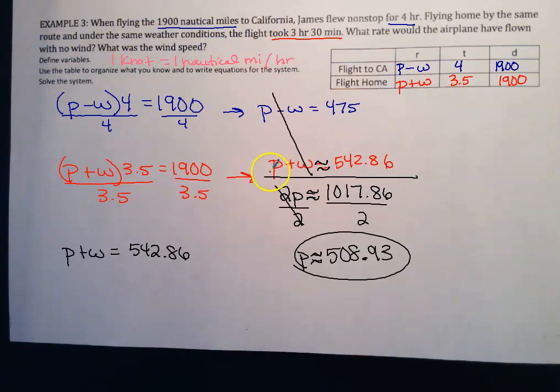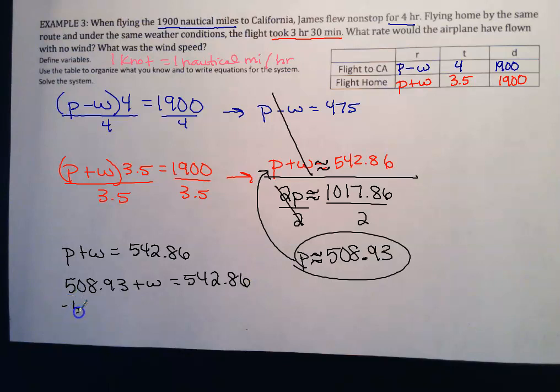You're plugging this into this one? Okay. Because we've already done this work and got here. So then P is 508.92, plus W equals 542.86. So then what do we do?